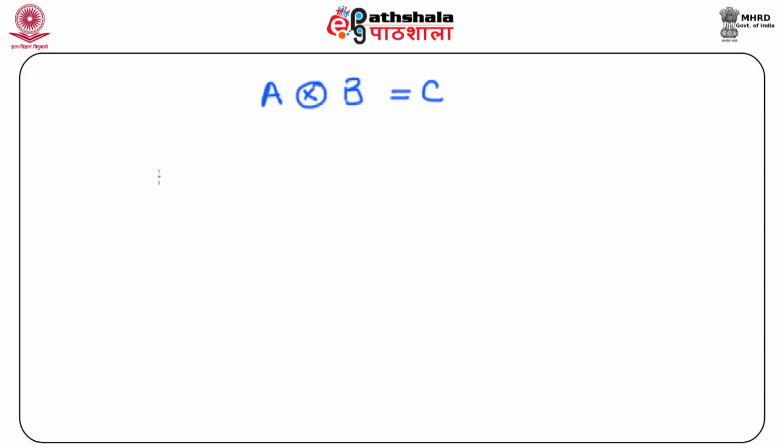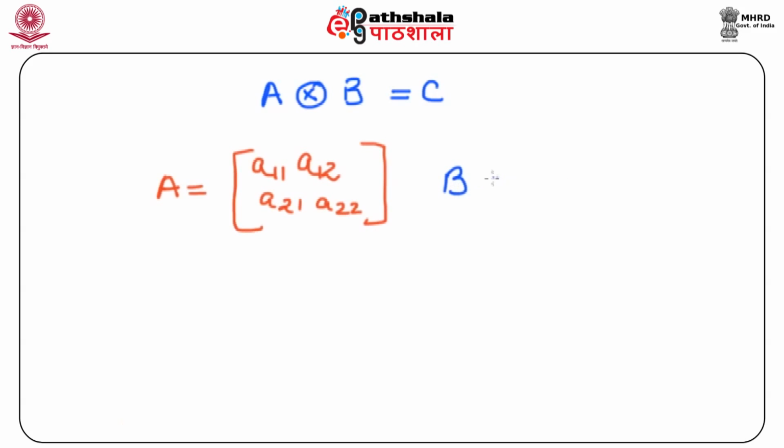Now let us try to understand this. Let us say matrix A has two columns and two rows, and these are the elements. Similarly, let us say that matrix B is represented by this, and these are the elements: B11, B12, B21 and B22.